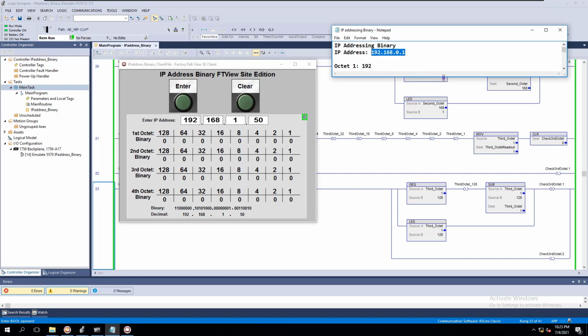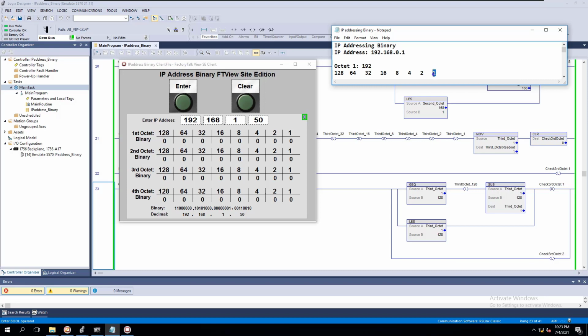First we need to understand the way binary works. It's a base 2 system, right? With the way the base 2 system works, each one of these is going to be a power of 2. The reason we have a number 1 right here when we start off is because any number to the power of 0 is going to be 1.